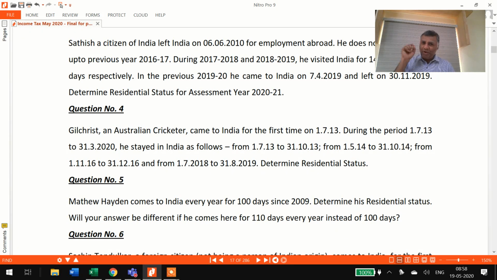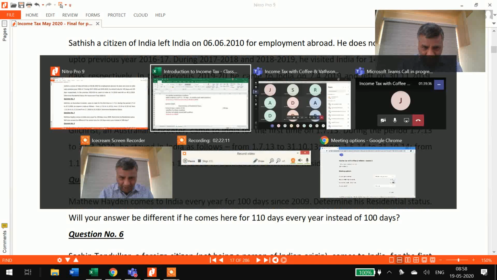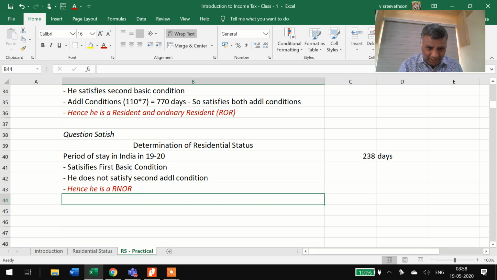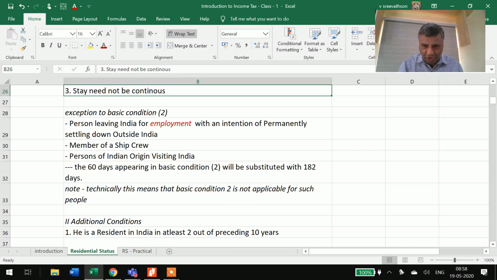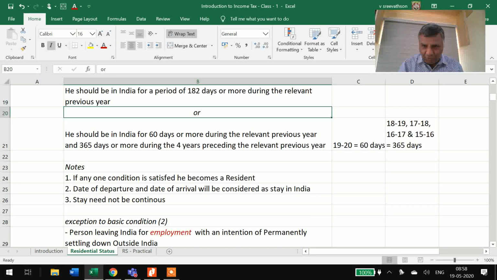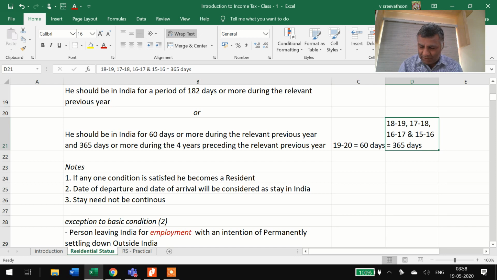For all those who answered ROR, RNOR, you are wrong because you have gone back beyond 4 years. You should go back only 4 years. We made a calculation on what are all the 4 years we need to go back: 15-16, 16-17, 17-18 and 18-19.